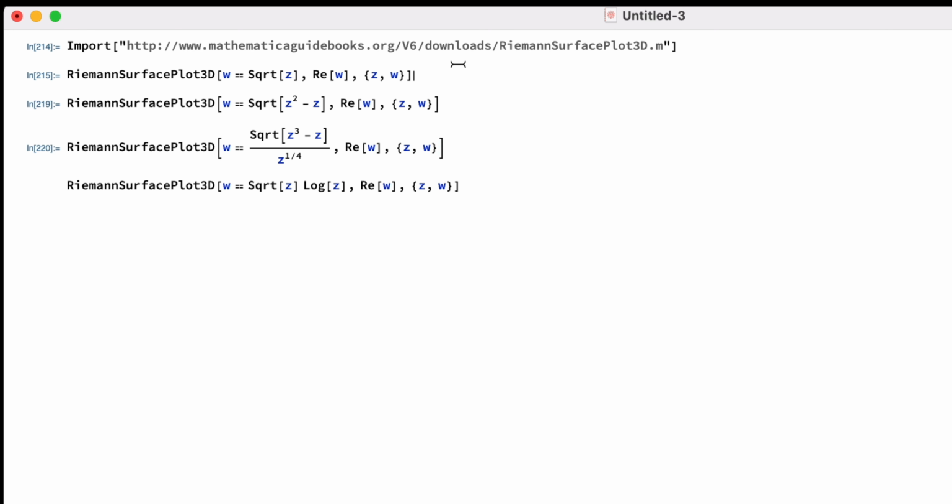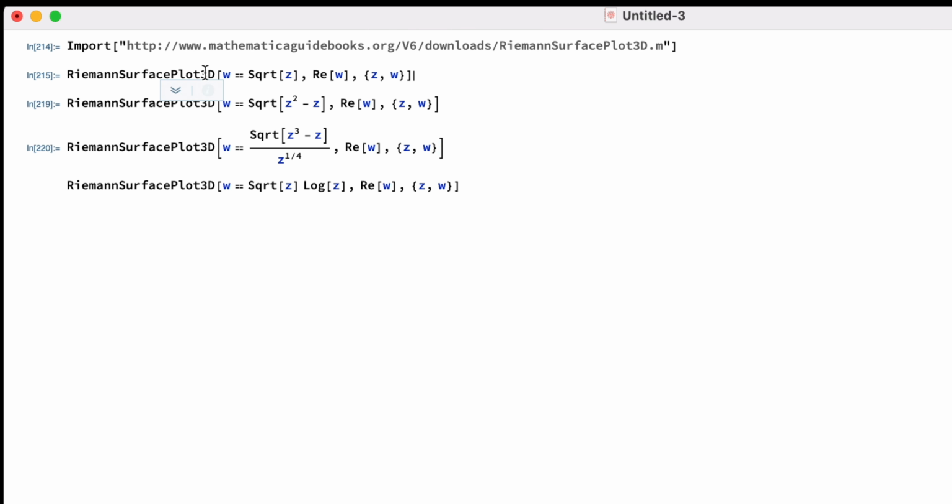And then once you've done that, essentially you just use this function and it will plot your Riemann surface. Now, if you want to look into this function a little bit more, I won't do that in this video, but there are some more options that you can have within the function. But I think this is maybe the standard way to do it, just to get a little bit of an idea of what the Riemann surfaces look like.